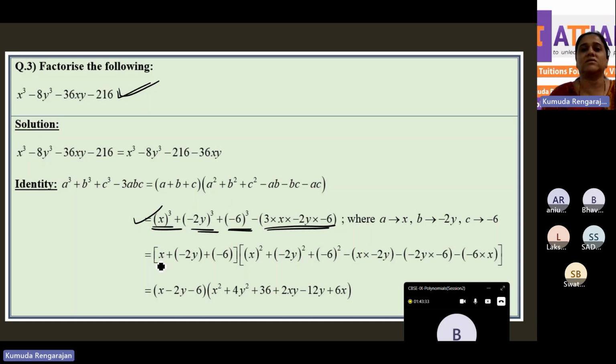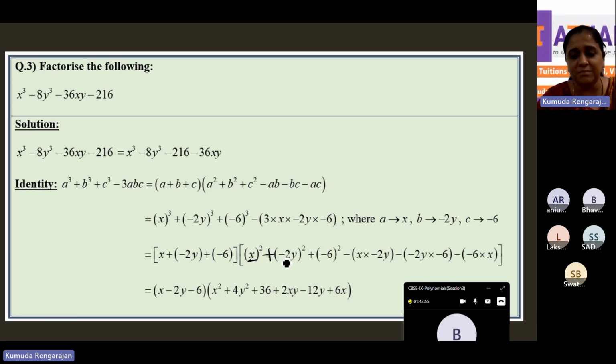Now the answer. What is the answer? The answer is a plus b plus c into a square plus b square plus c square minus ab minus bc minus ca, because the identity says so. So write a square plus b square plus c square, then minus ab minus bc minus ca.